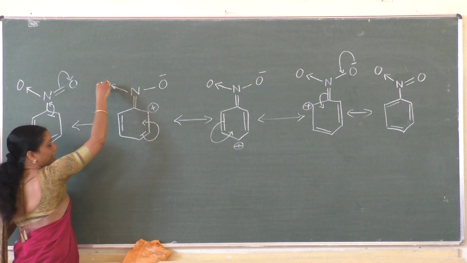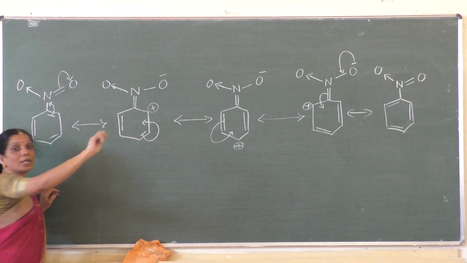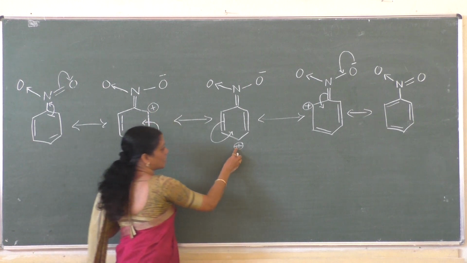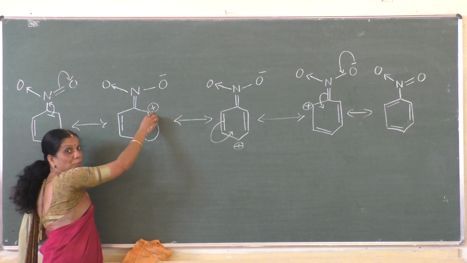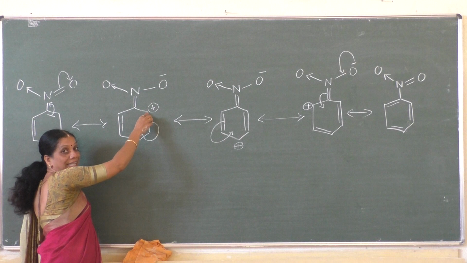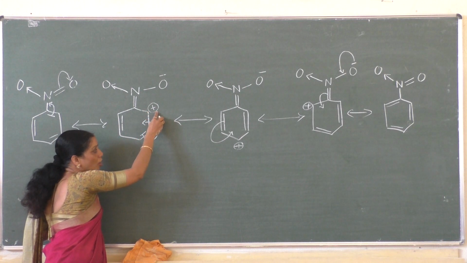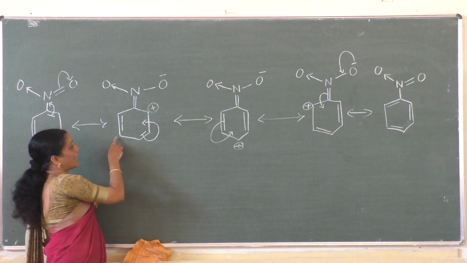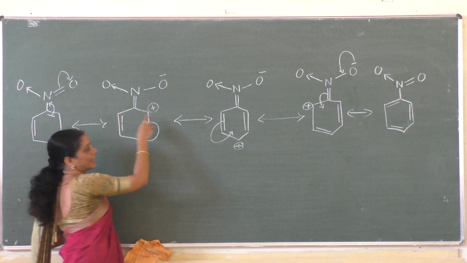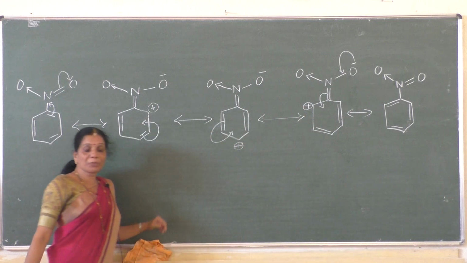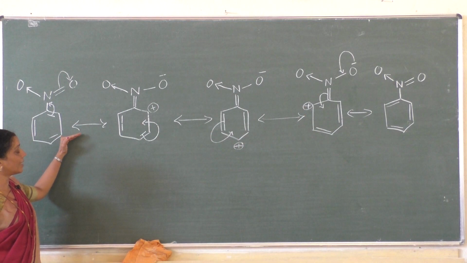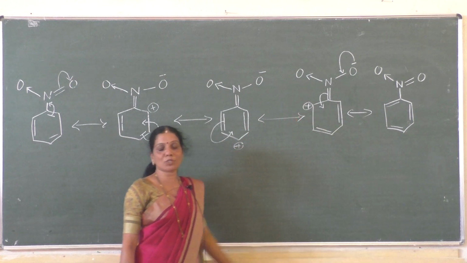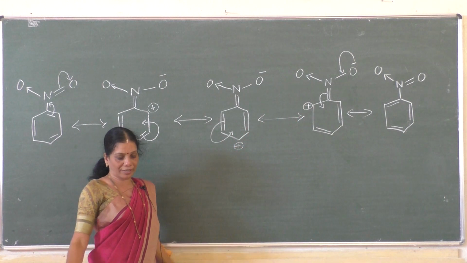Because of the presence of a nitro group attached to the benzene ring, at some of the positions, we know the name of this position, which carbon this is. In the last session we have studied this. This is the ortho. Next position here, this is the para, and next here it is the meta, next again here it is the ortho. Because of the presence of a NO2 group, you can see here, students, the ortho, para, and next ortho positions become what? Electron deficient. Understood?